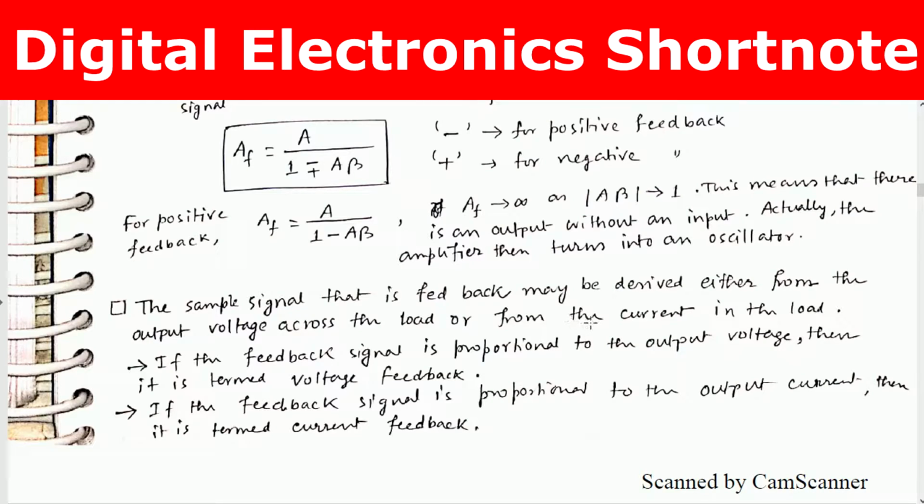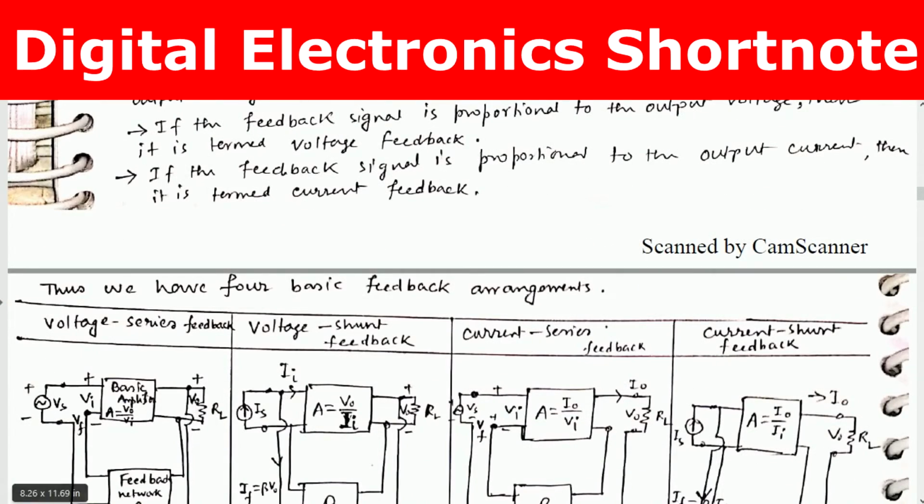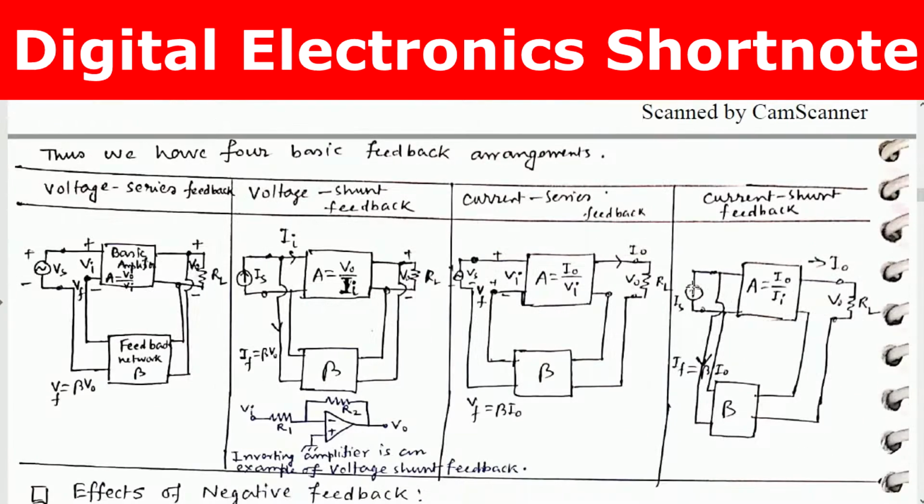The sample signal that is fed back may be derived either from the output voltage across the load or from the current in the load. If the feedback signal is proportional to the output voltage, then it is termed voltage feedback. If the feedback signal is proportional to the output current, then it is termed current feedback. Thus, we have 4 basic feedback arrangements, shown in this figure.